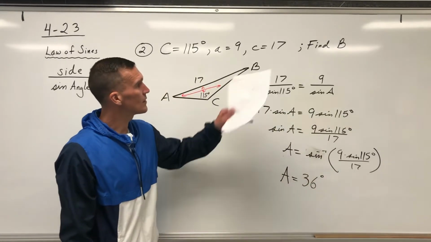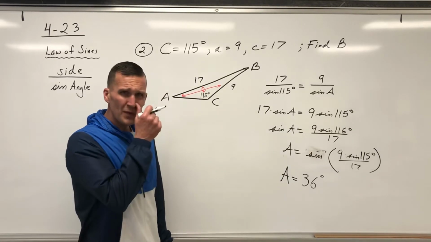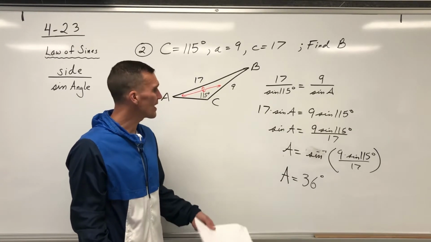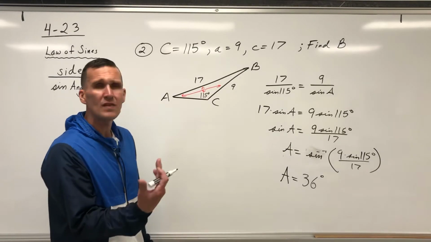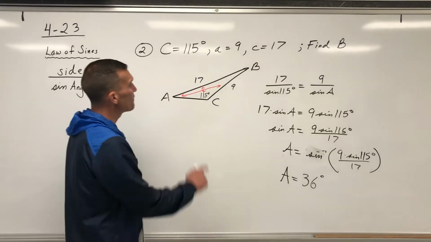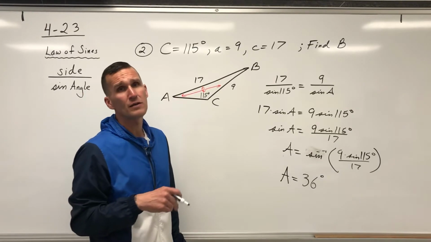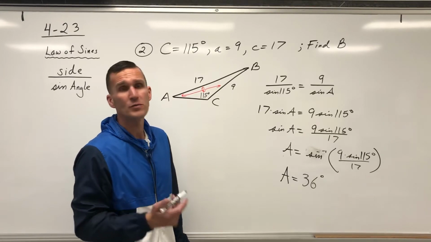Now don't box that though, because look what it says. It says find angle B. So you're thinking, well, that's kind of hard. I can't go back to do law of sines because I don't know anything about the B combo. You don't have to know anything about the B combo. If this is 36 degrees, the sum of the interior angles of a triangle is 180 degrees from geometry.